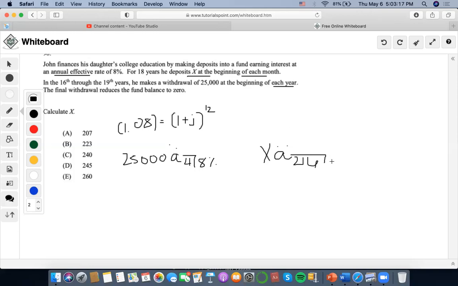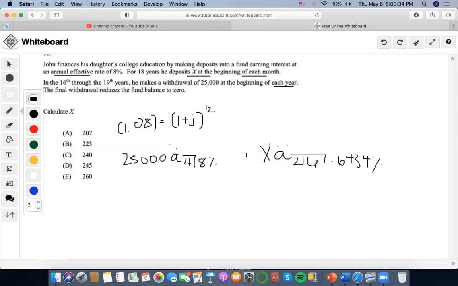So then it's going to be 0.6434%. We are making these withdrawals to make this fund balance 0.